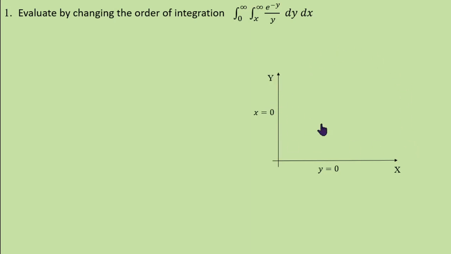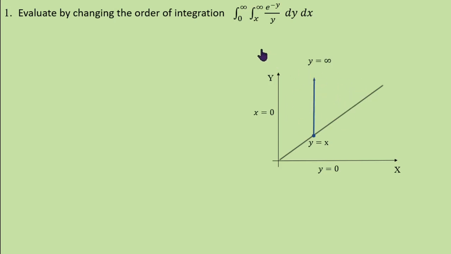For any x, y varies from x to infinity. Y equal to x is the line, the lower limit of y, and going to infinity means the upper triangle. So this is the required area.